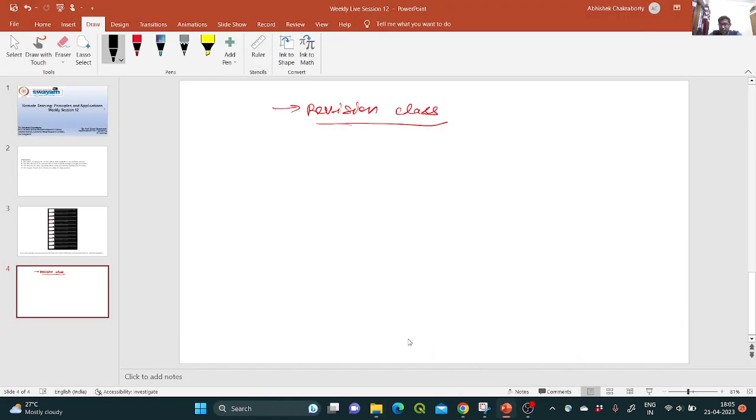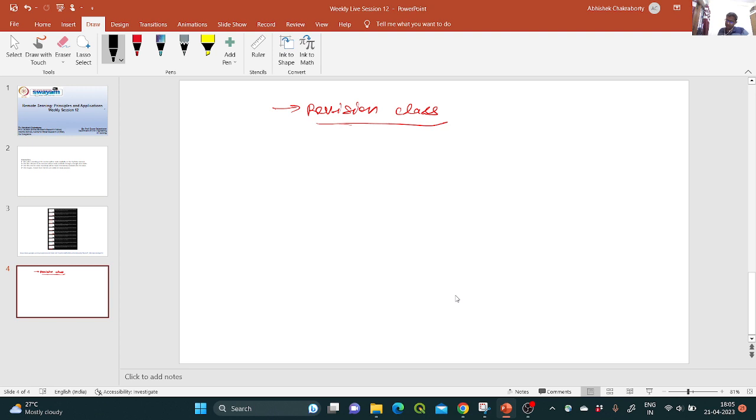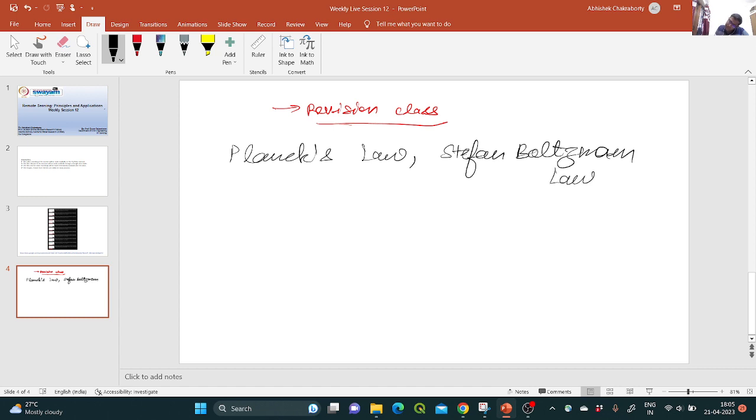Let me note down the most important parts. So we learned about the fundamental laws like Planck's law, Stefan-Boltzmann law, you should be memorizing them, and the Wien's displacement law.